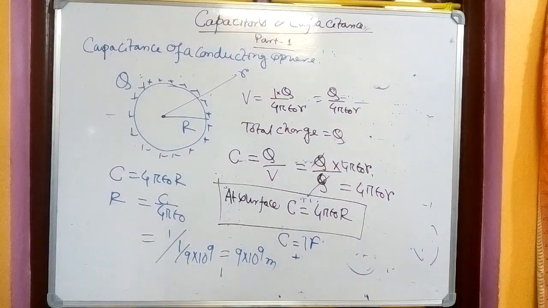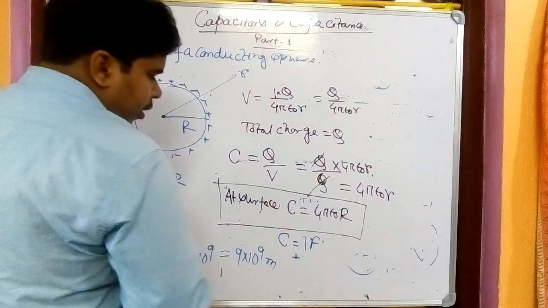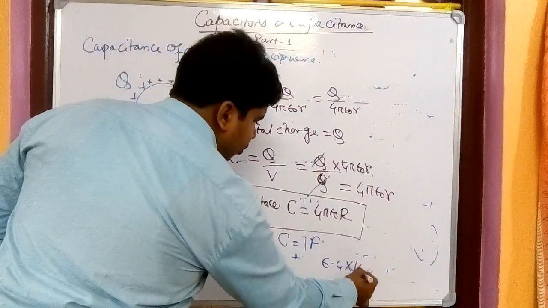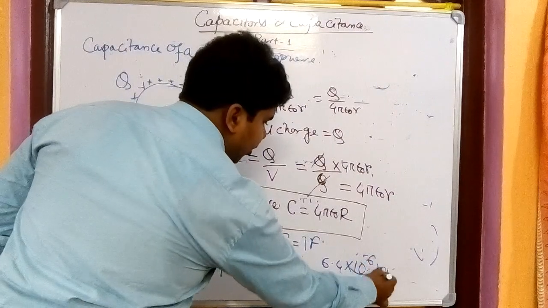So to get a capacitance of 1 farad for a sphere, the radius should be 9 into 10 to the power 9 meter. Can you imagine how large it is? The radius of the earth is only 6.4 into 10 to the power 6 meter.